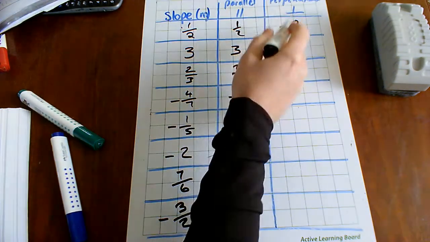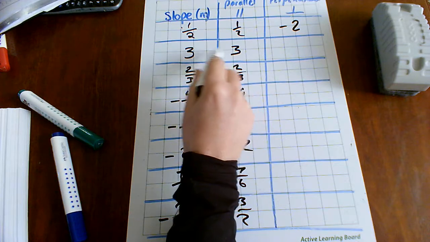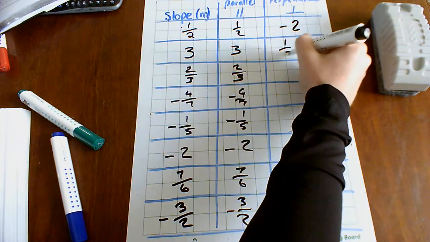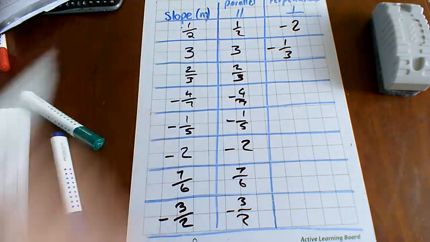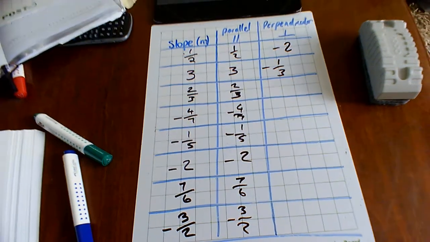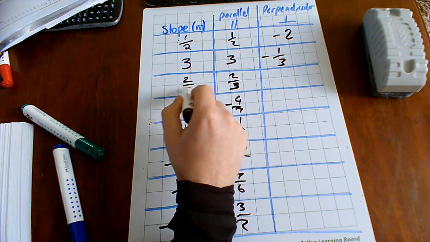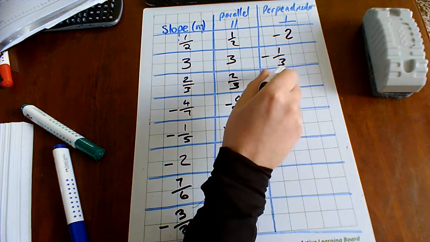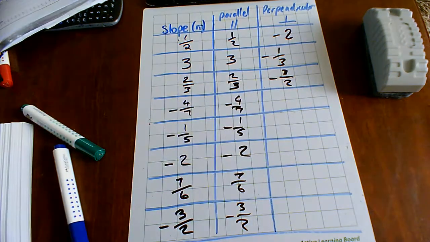And when you think about it, minus 2 times a half will give us minus 1. 3 is the same as saying 3 over 1, so flip that upside down, it becomes 1 over 3, and changes to a minus. So a line perpendicular to this slope will give us minus 1 over 3. We look at this, 2/3. A line parallel, 2/3. A line perpendicular, flip the fraction upside down, 3 over 2, change the sign, minus 3 over 2.